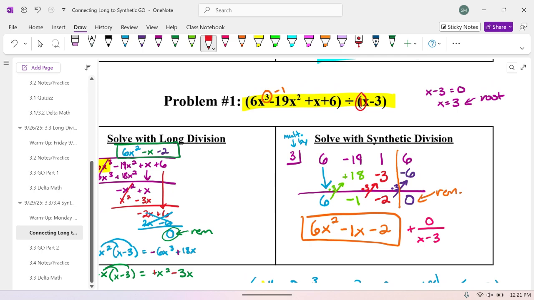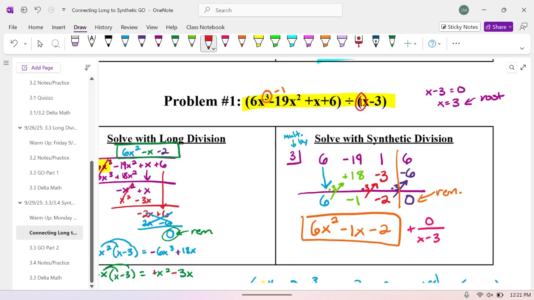That's when synthetic is nice. Now you can do it when it's another number, but it's a lot uglier because you deal with fractions. So long division is actually easier when you have an A value greater than 1. But if your A value is 1, definitely use synthetic.